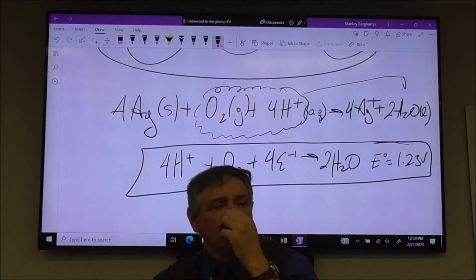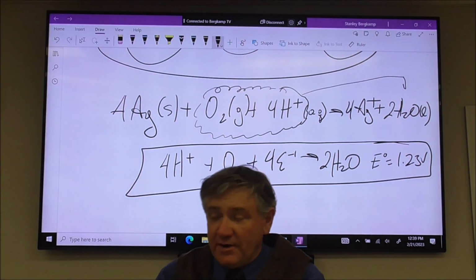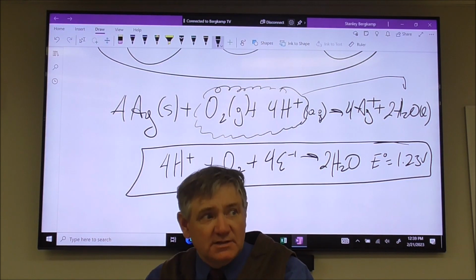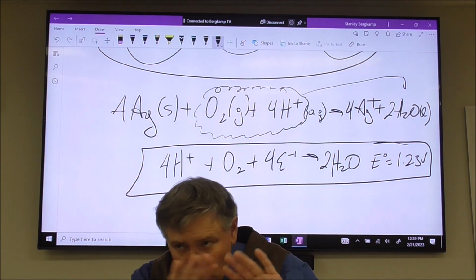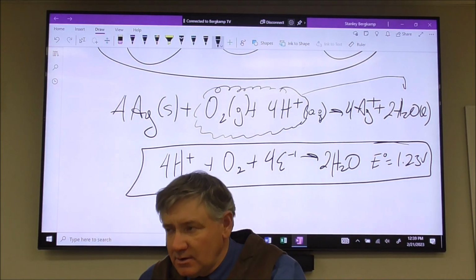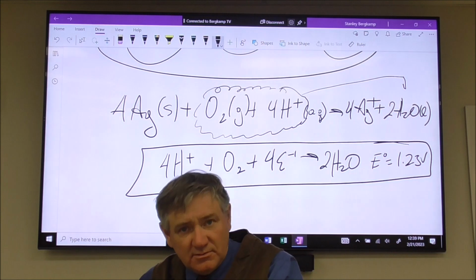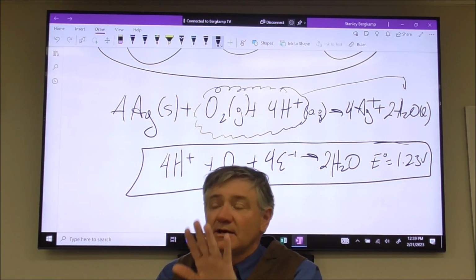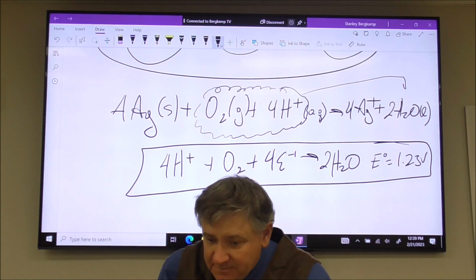Because you're producing water, this isn't oxygen or hydronium ions alone; this is the whole reduction potential to take hydronium, have it react with oxygen, gain 4 electrons, and produce water. Everything should balance.